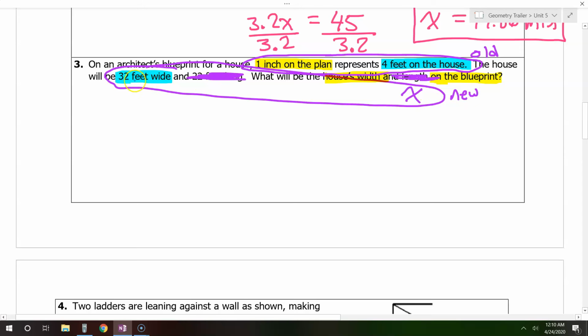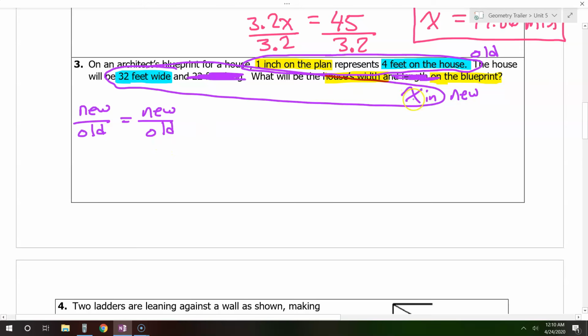32 feet wide, that's on the actual house, and then X inches on the plan. This is in inches, don't forget. So I'm going to set up my equation in the form new over old is equal to new over old.